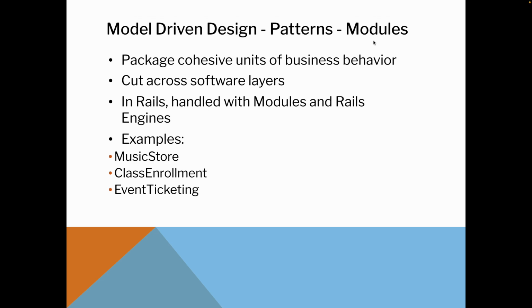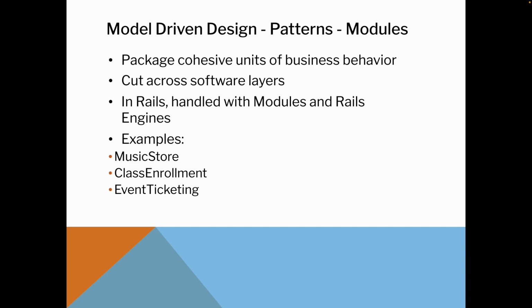Modules is a pattern that we're all familiar with from Ruby, because it's a fundamental part of Ruby. Modules are a way of namespacing classes in Ruby. So here they're recommending namespacing: you want to divide your system into different modules that have different parts of the system.